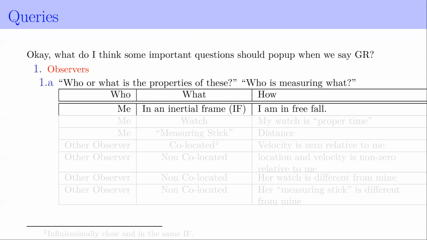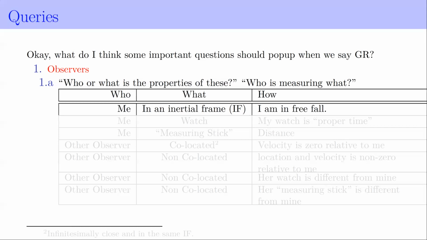Everything in general relativity, when you get to a small local region, reduces to Minkowski space. So the fact that in Minkowski space, every observer has a different watch clicking differently, their meter sticks are different. The same thing is also true in general relativity.